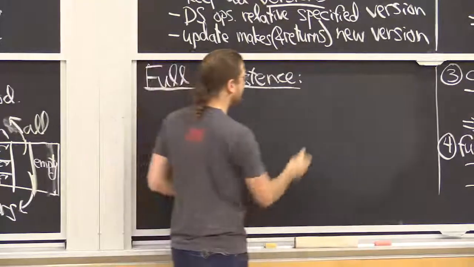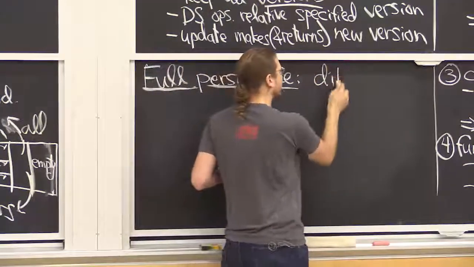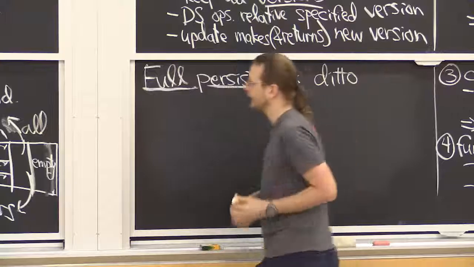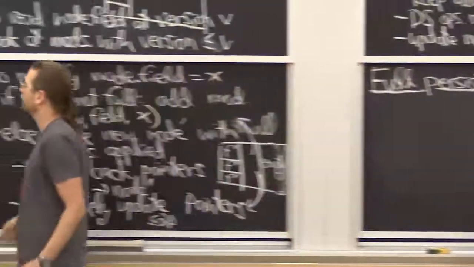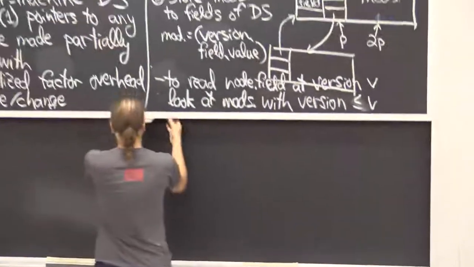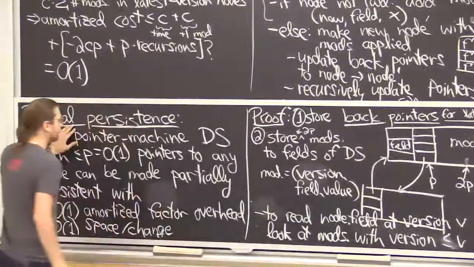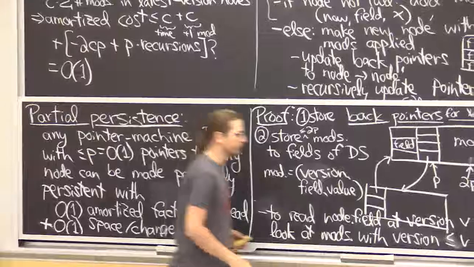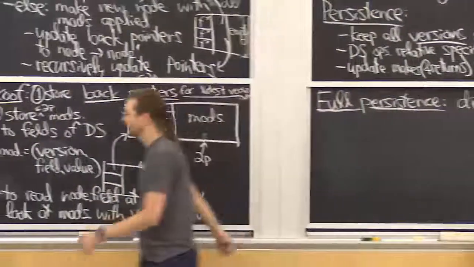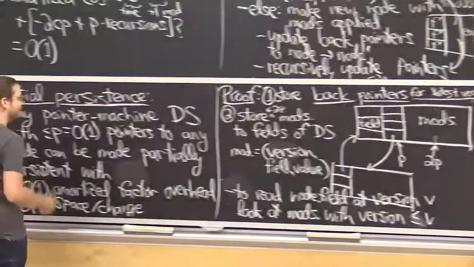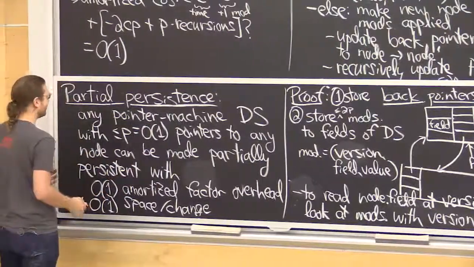So full persistence, the theorem is going to be the same. So I'm going to write ditto here, and let me go over to the previous statement of the theorem. I'm going to do a mod to this theorem, a little in the spirit of partial and full persistence.